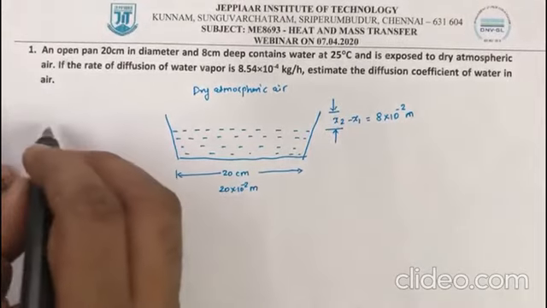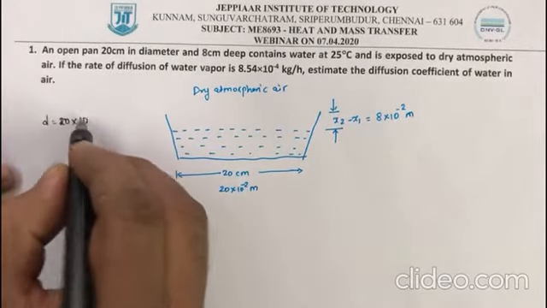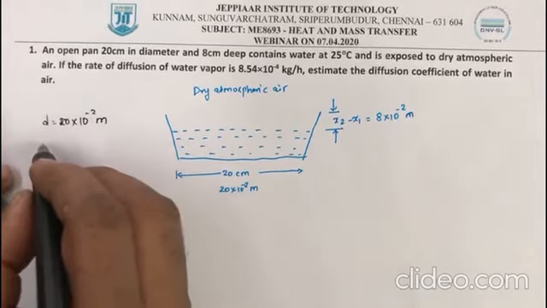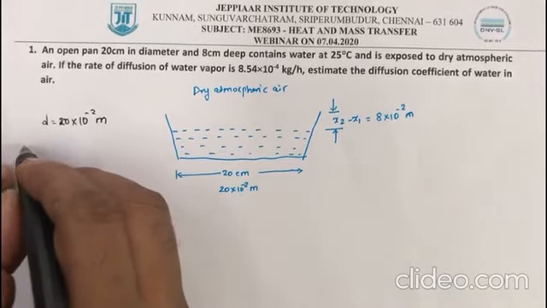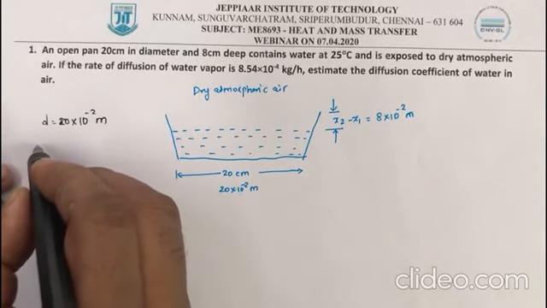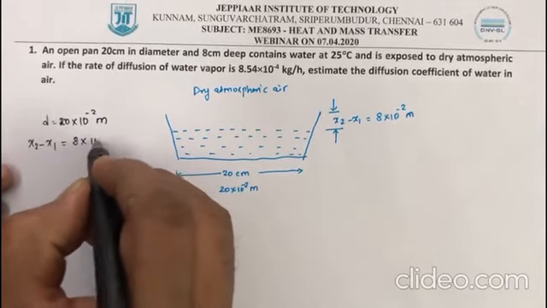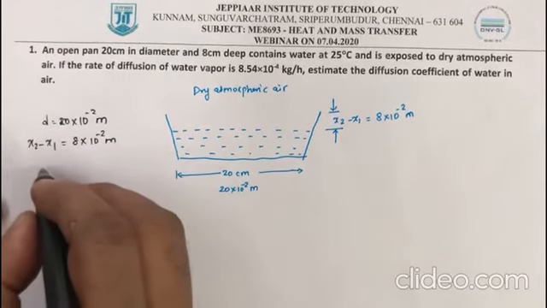So D is 20 into 10 power minus 2 meters, and the depth inside the pan is x2 minus x1, which is 8 into 10 power minus 2 meters.